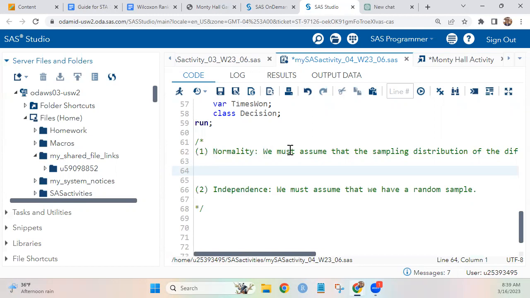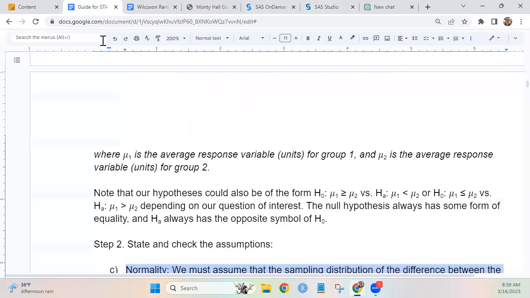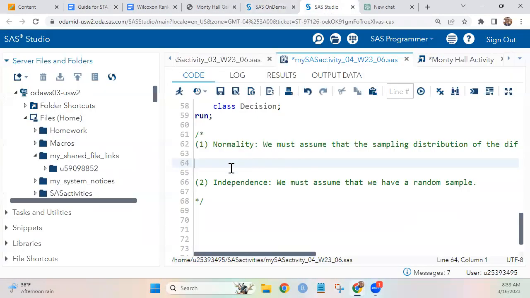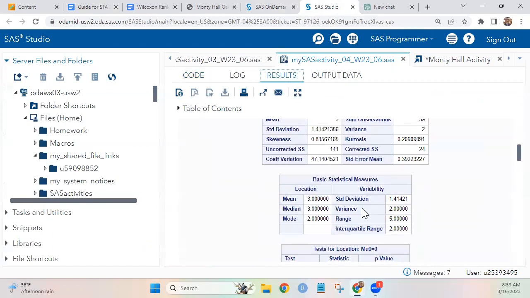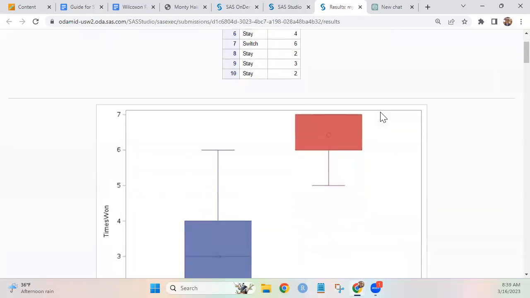So normality here, which I copied from this part of the guide document. And let's make that a little bigger. Okay, so for normality here, if you looked at the results, all right, let's do this.